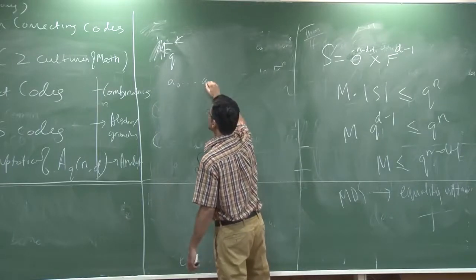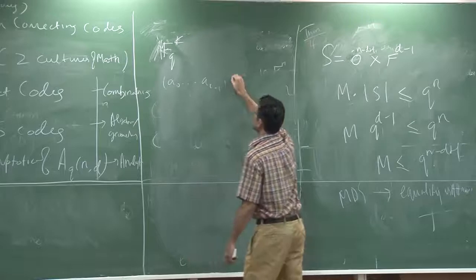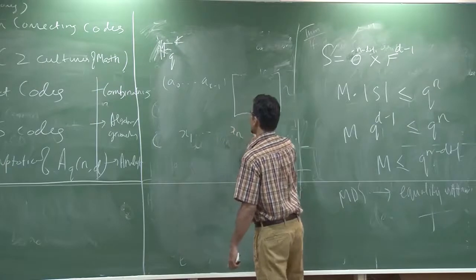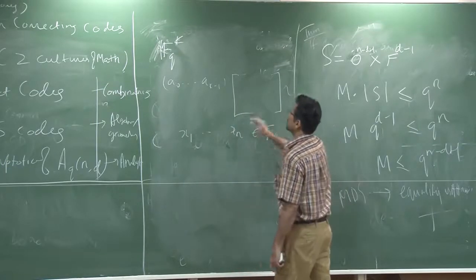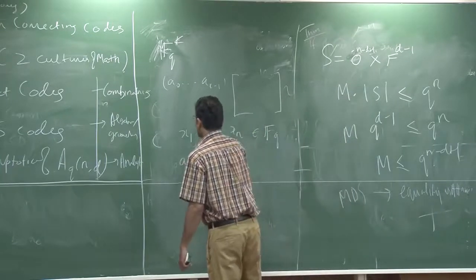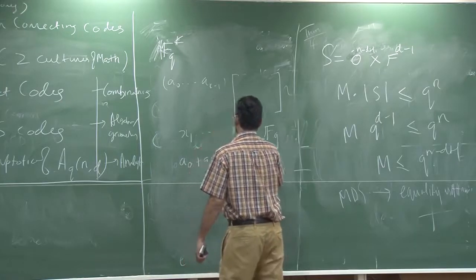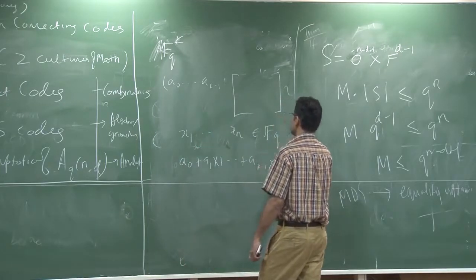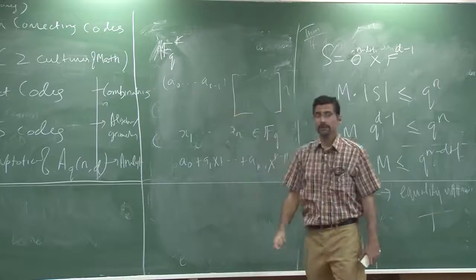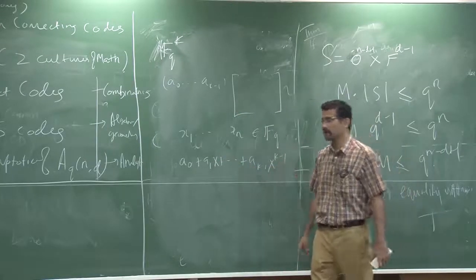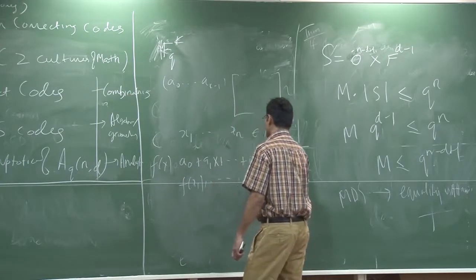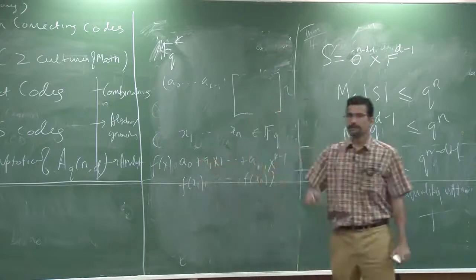If you want to transmit a0 up to ak minus 1, you pick some n distinct points in your field and cook up this polynomial a0 plus a1x plus ... plus ak minus 1 x to the k minus 1. Instead of transmitting a0 up to ak minus 1, take these to be the coefficients of a polynomial, call it f of x, and transmit f(x1) up to f(xn). These x1 up to xn are fixed.